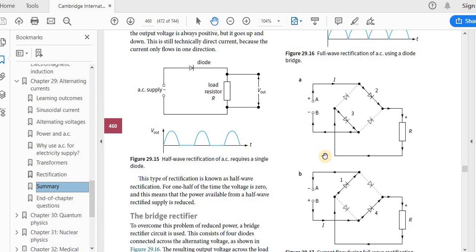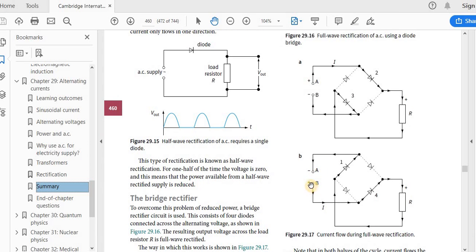The remaining half, the current flows the other way. So one time the current flows this way, the other time the current flows the other way. So it goes like this. Now it can't flow through this part, so it goes like that. Again, it can't flow this way, so it goes like this.